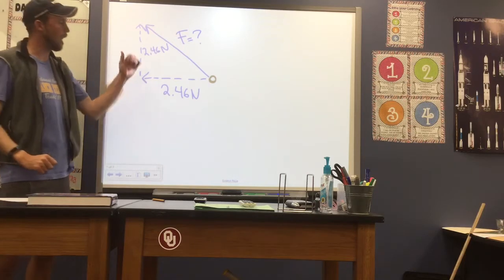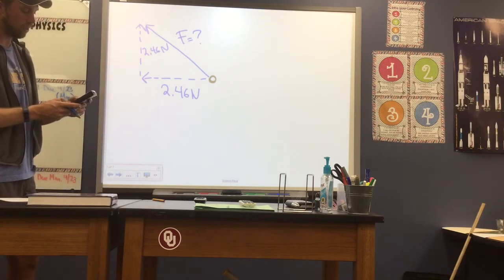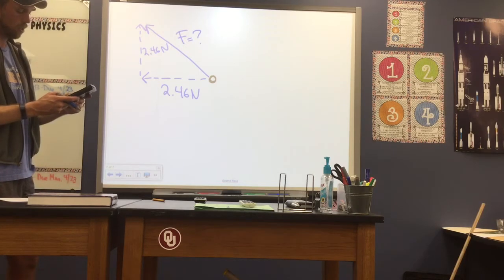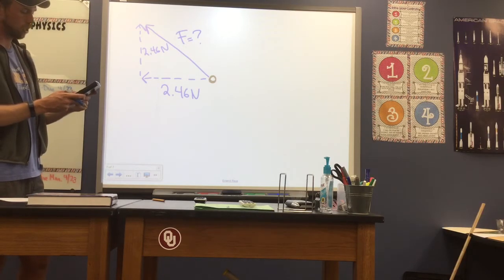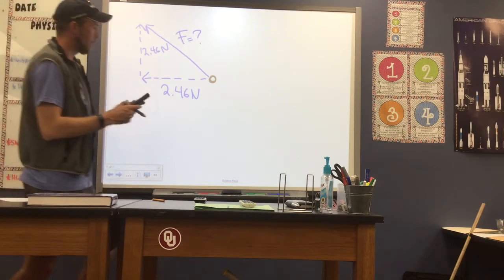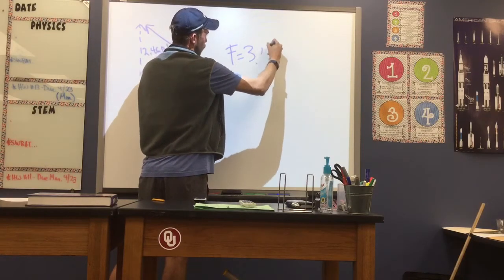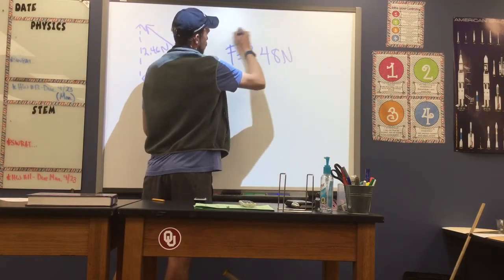Okay? And again, you'll recognize we can use Pythagorean theorem to find that force. So we'll take 2.46 squared plus 2.46 squared, and then we'll take a square root of that value, which will give us right at about 3.48 newtons.